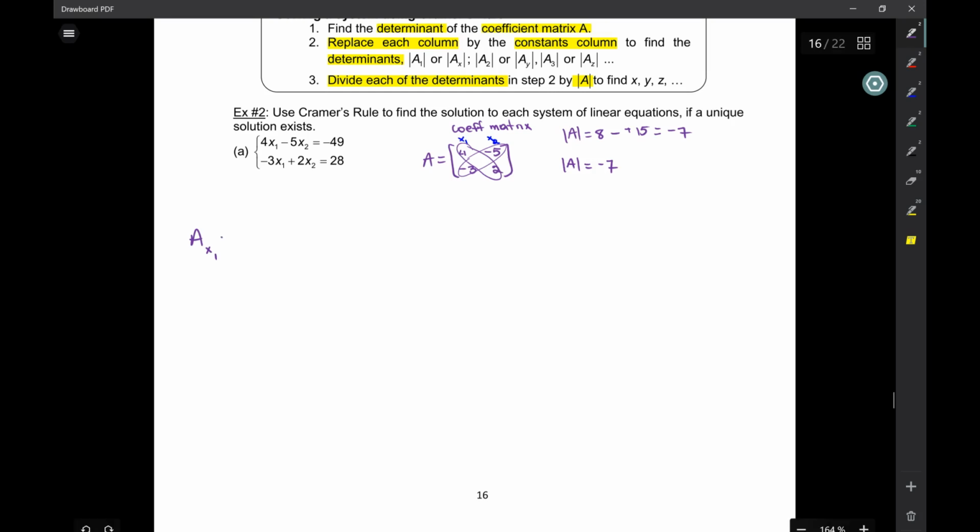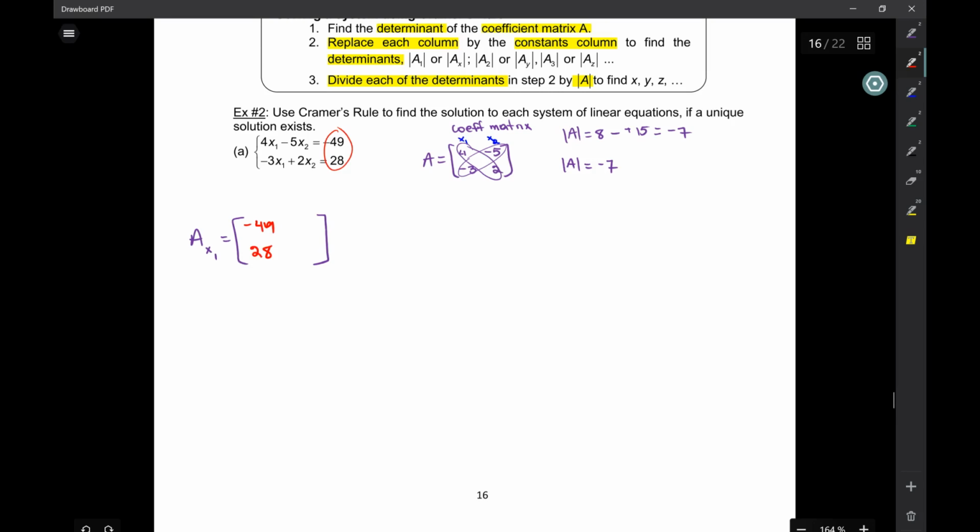Now we have to come up with this matrix called AX1, meaning the matrix that belongs to that column, to that variable. The way in which we write that is this. I take the coefficient matrix A, and if this is the X1 matrix, I have to replace the X1 column by the constants.